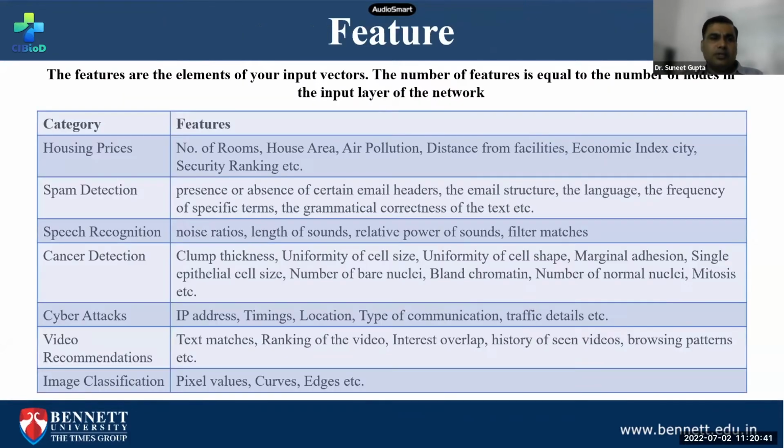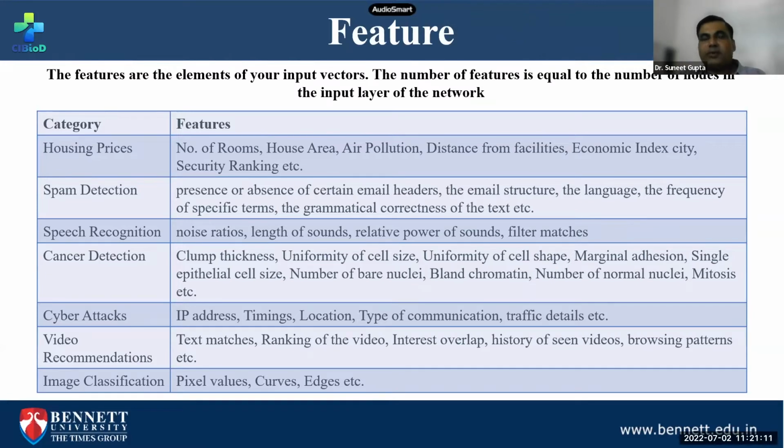Now, while we are working with artificial intelligence, deep learning or machine learning, one popular term is features. Basically, features are the characteristics of your data, and those characteristics can be utilized for taking decisions.